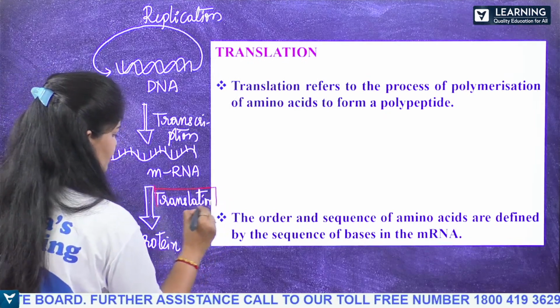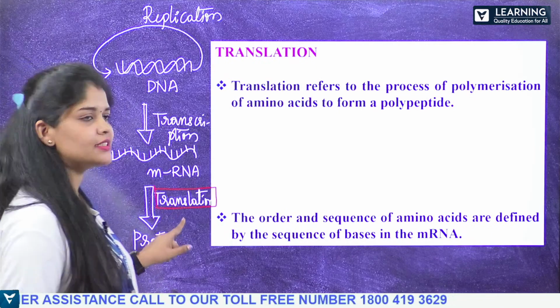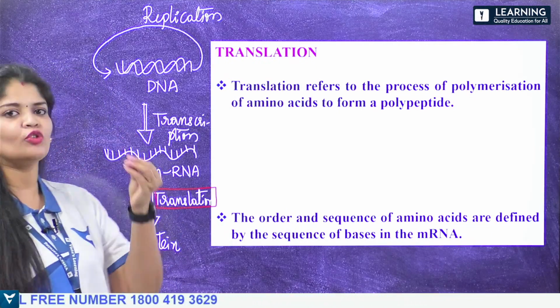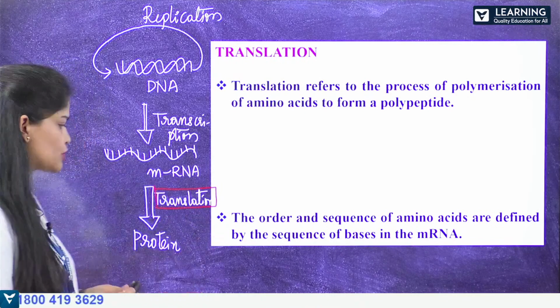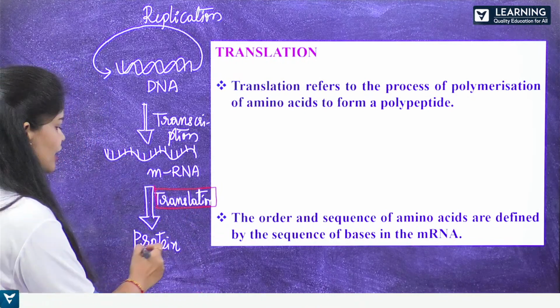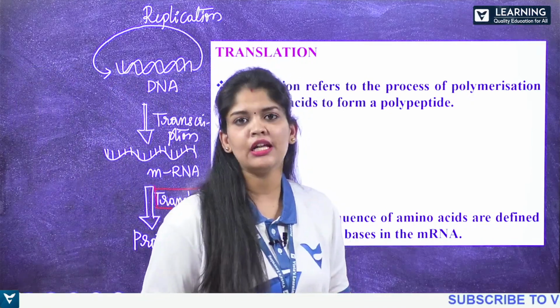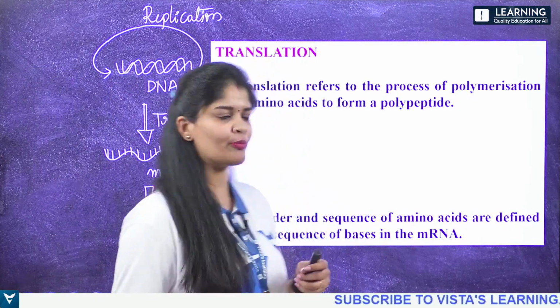So now we are here where we have the mRNA, with all the information necessary to produce protein, and we know that proteins are made up of amino acids. Amino acids are the building blocks of protein.